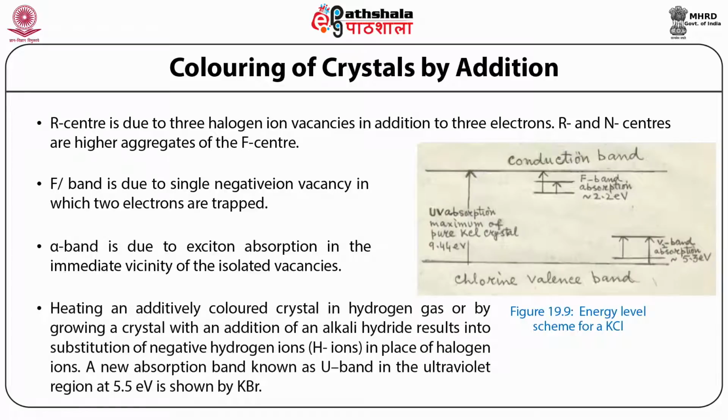Heating an additively colored crystal in hydrogen gas, or growing a crystal with an addition of an alkali hydride, results in substitution of negative hydrogen ions, that is H negative ions, in place of halogen ions. A new absorption band known as the U band in the ultraviolet region at 5.5 electron volt is shown by KBr. The energy level scheme for a KCl crystal is shown in figure 19.9.